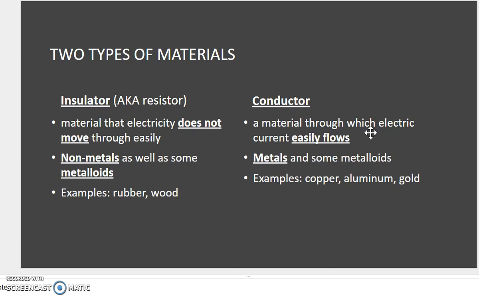They are usually nonmetals and some metalloids, or mixtures of things with nonmetals and metalloids in them. Now, there are also conductors, and conductors are the opposite of insulators. These would be things that are at the top of that triboelectric series. These are materials that allow electrons to flow really easily. Metals, definitely, and also some metalloids. So you see some examples of both types of materials here.